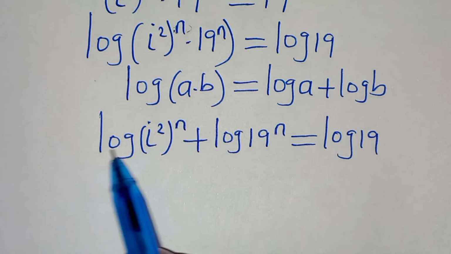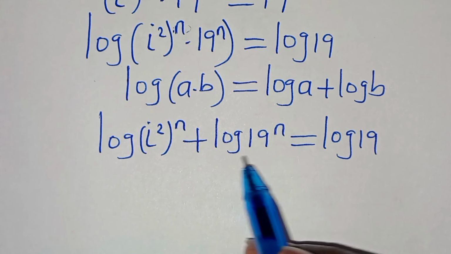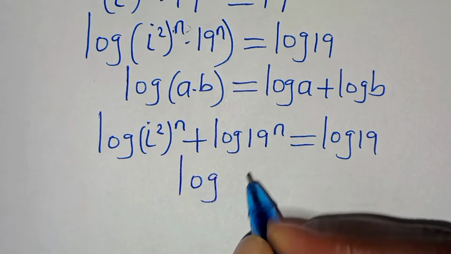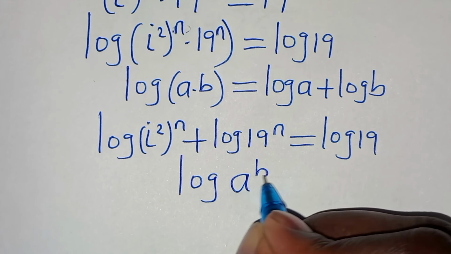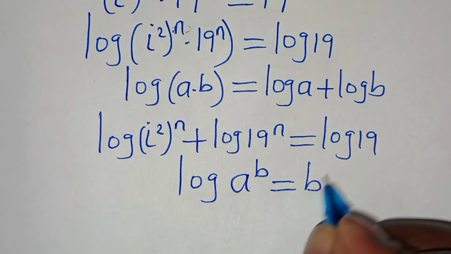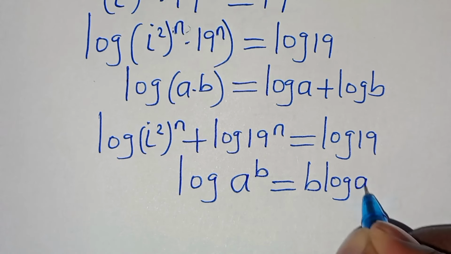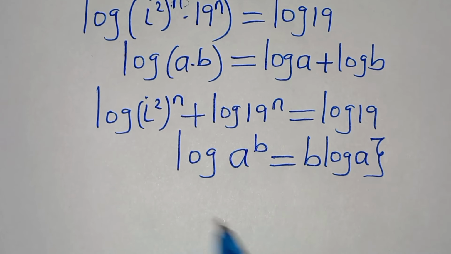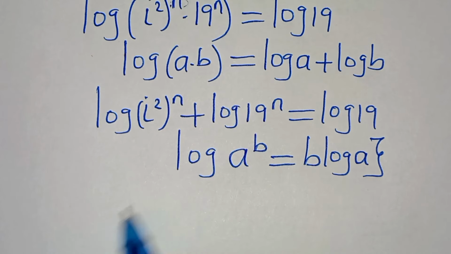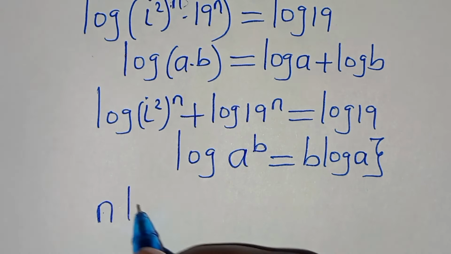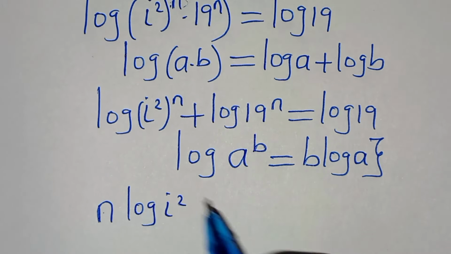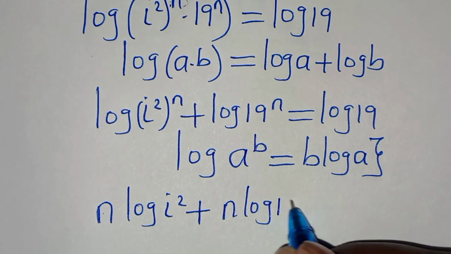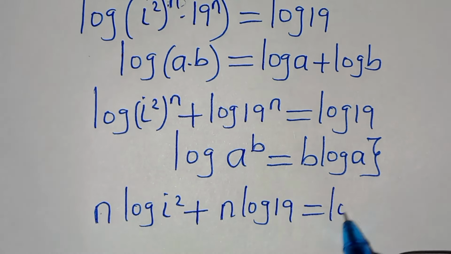The next step is that log of i squared to the power of n and log of 19 to the power of n are in the form of log a to the power of b, which can be expressed as b log a. So applying this power log property, log of i squared to the power of n is n log i squared, plus n log 19, equal to log 19.